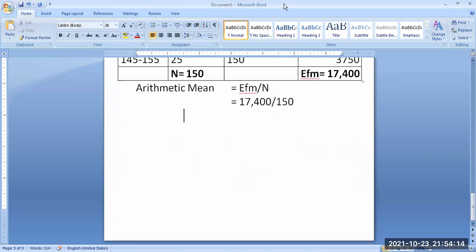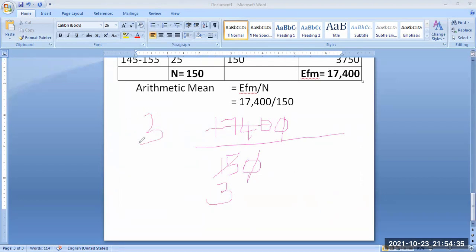We will do like this: 17,400 divided by 150. 0, 0 cancel. 5 3s are 15. 2, 4 is going to be there. 5 4s are 20. 4, 0 is going to be there. 5 8s are 40, so 348 by 3.